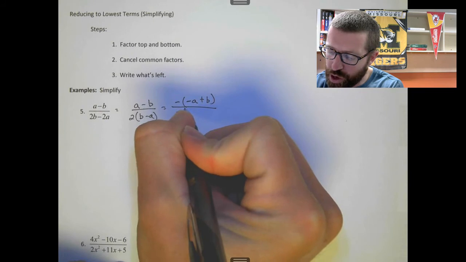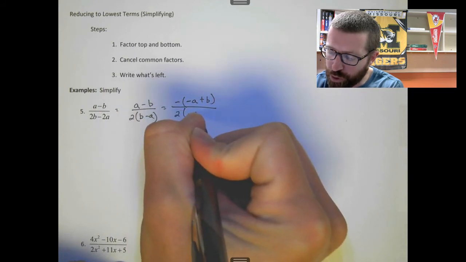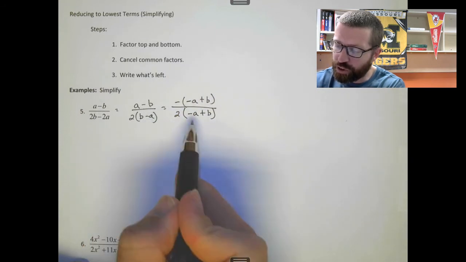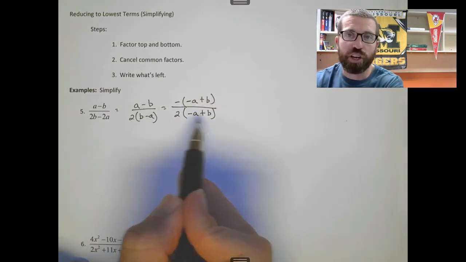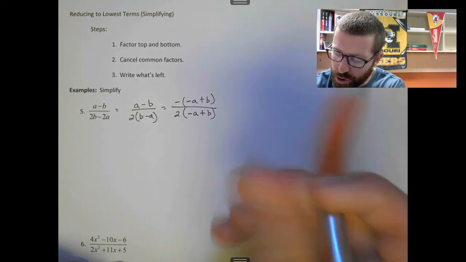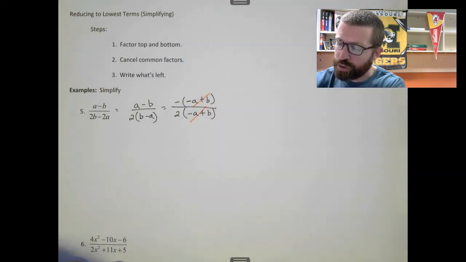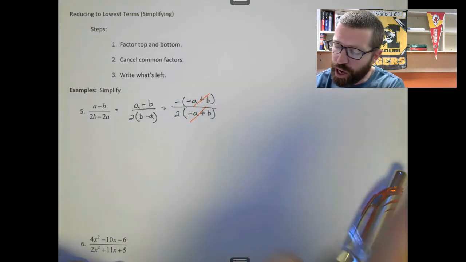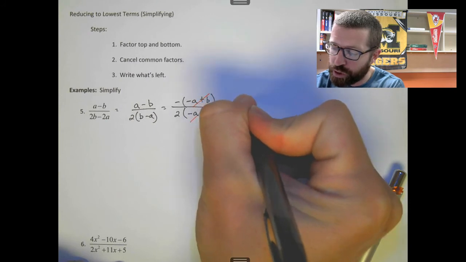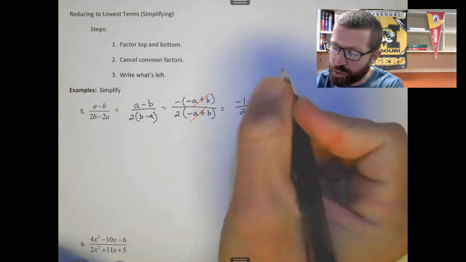And then 2, and then let's just rewrite this. Notice I'm not changing anything. b minus a is the same as negative a plus b. I'm just changing the order. And now we can see, oh, these are the same. And so on top, we just have -1 or 1, and on bottom, we have 2.